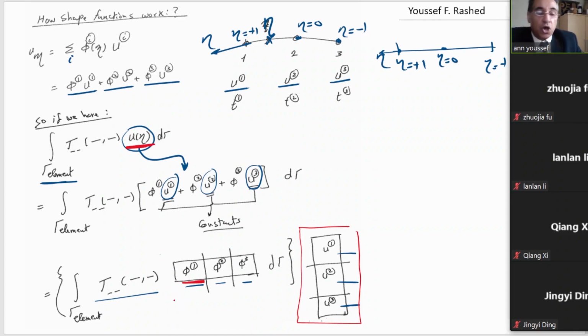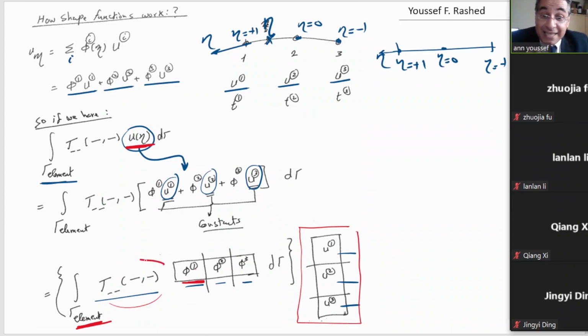Okay, so the only difference between constant element and the quadratic element is that we need to integrate over the element the kernel times the shape function. So if we put this shape function equal to 1, that means we reach a constant element. It's straightforward like this.